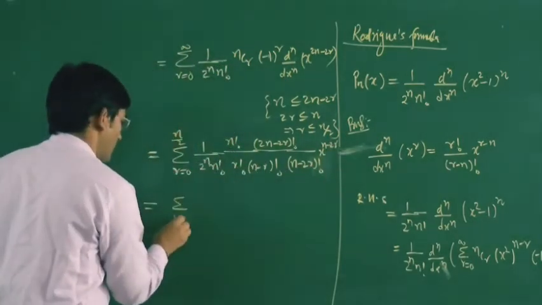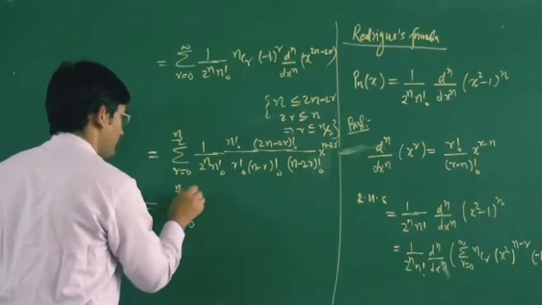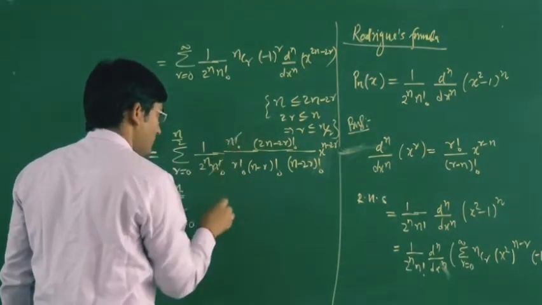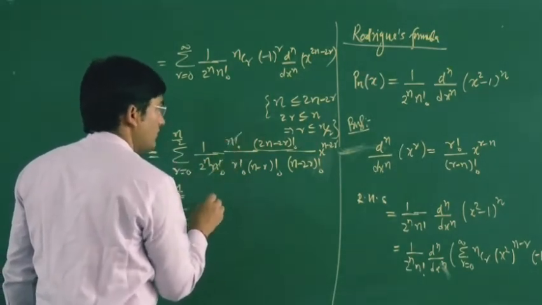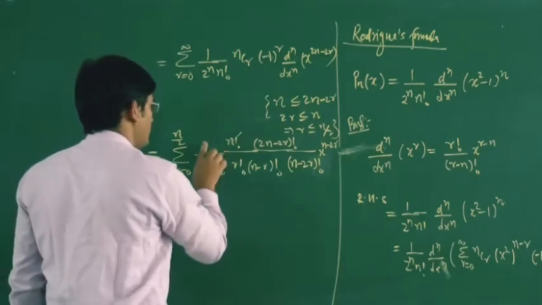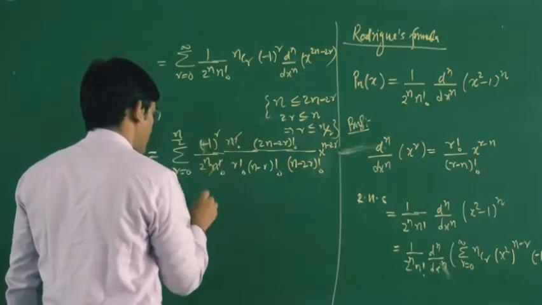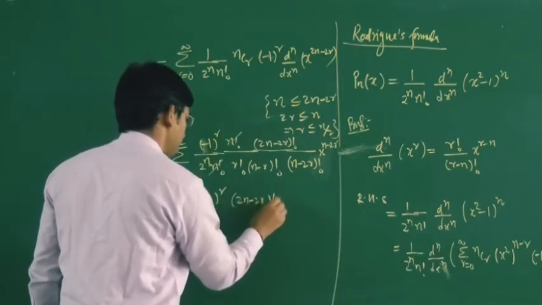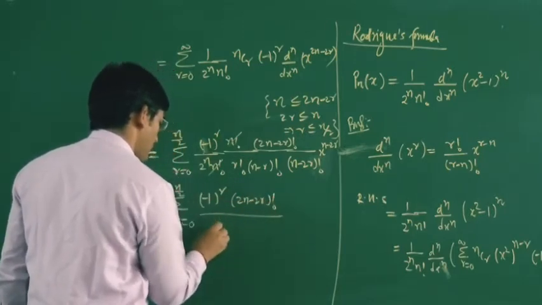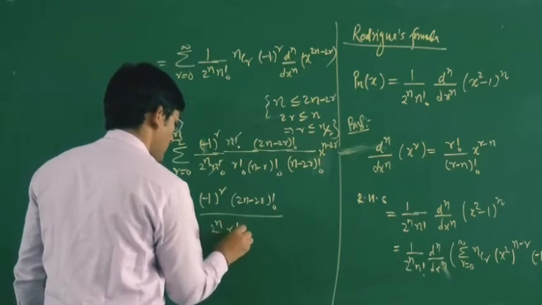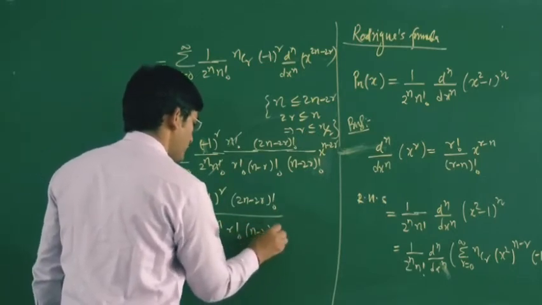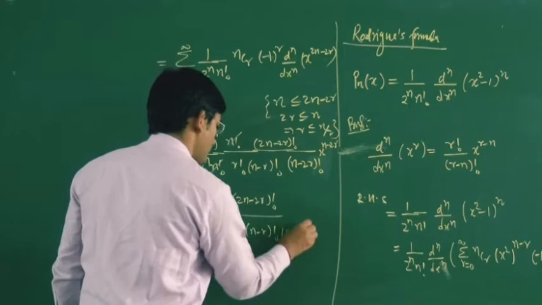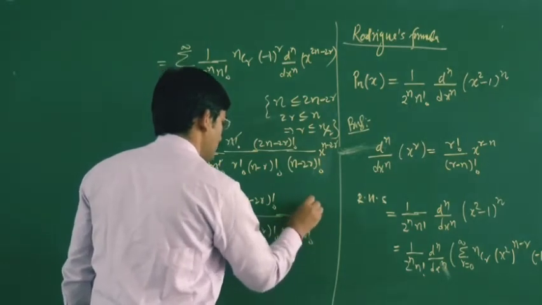So it is equal to summation r equal to 0 to n by 2. Then this factorial n is cancelled out. So we have minus 1 power r, factorial (2n minus 2r), then here we will have 2 power n factorial r, factorial (n minus r), factorial (n minus 2r) into x power n minus 2r.